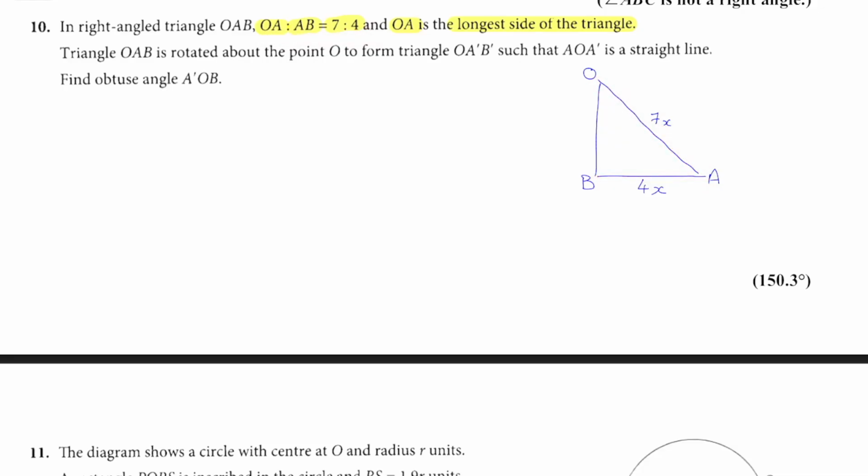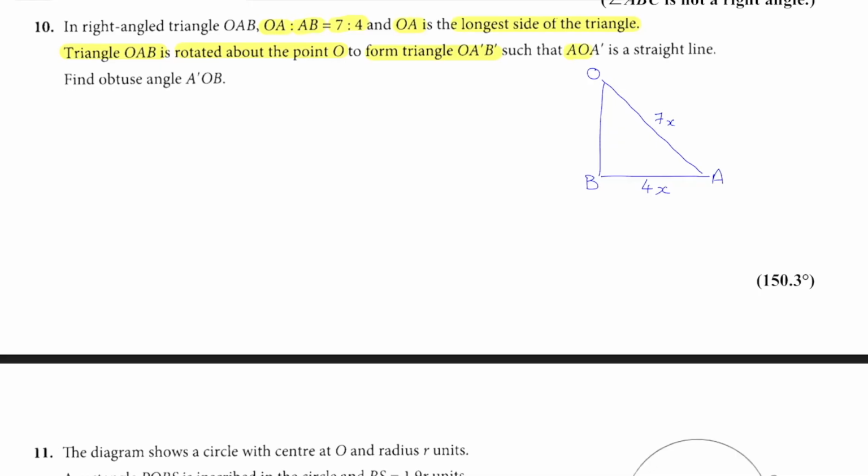Then down here the question asks: triangle OAB is rotated about the point O to form triangle OA prime B prime, such that AOA prime is a straight line. So that means, wait, let me just shift this triangle.